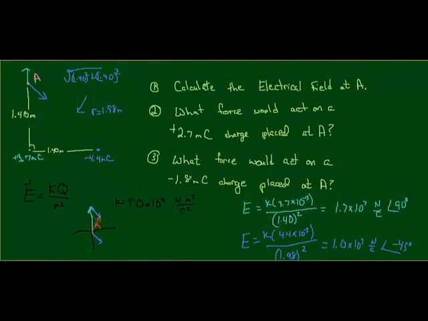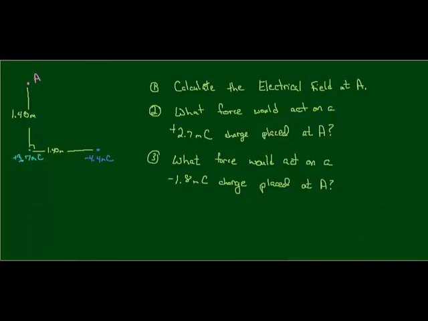Now part B, or number 2, what I've got listed on here as number 2, says, let me get this to turn off. Part B wants us to know what force would act on that if I were to place a positive 2.7 millicoulomb charge at A, what force would it experience?